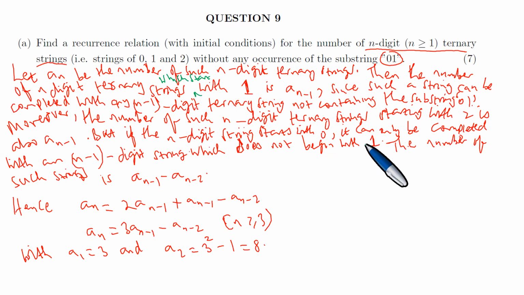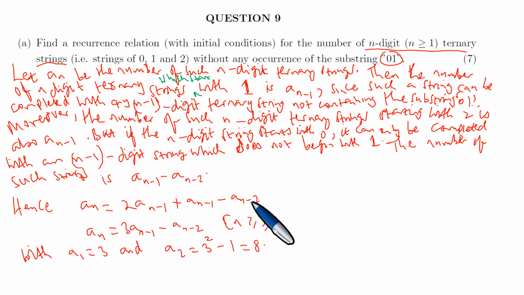Since they do not begin with 1, you also subtract from this the number of such n-digit ternary strings that have the 0, 1 substring, and you get that. So the 0 case brings about this difference. And this is for those that start with 1, 2. And then you add this up.